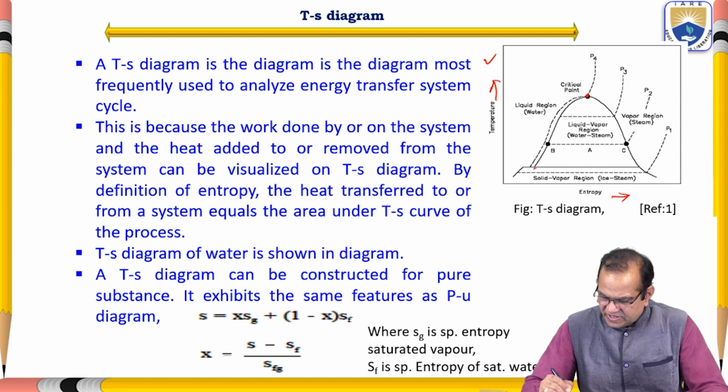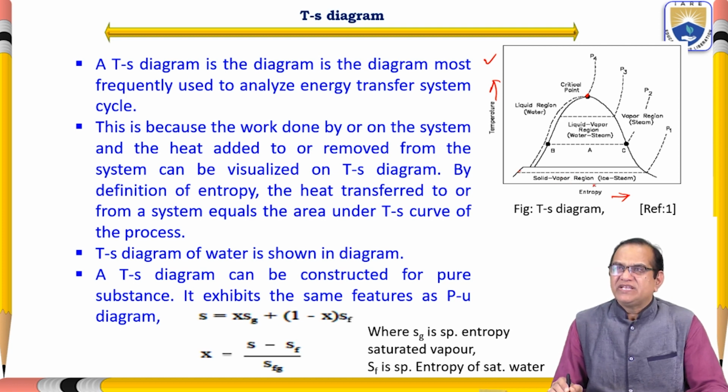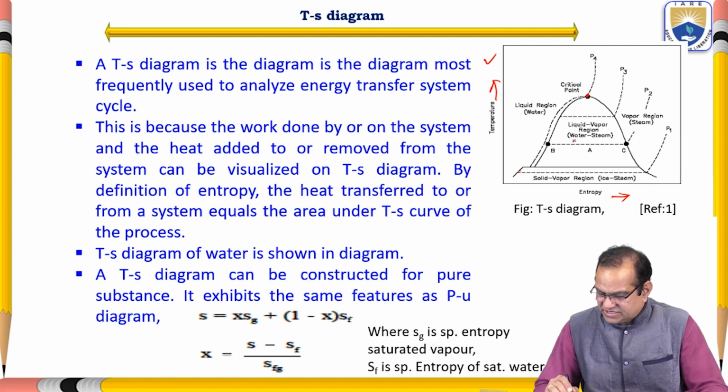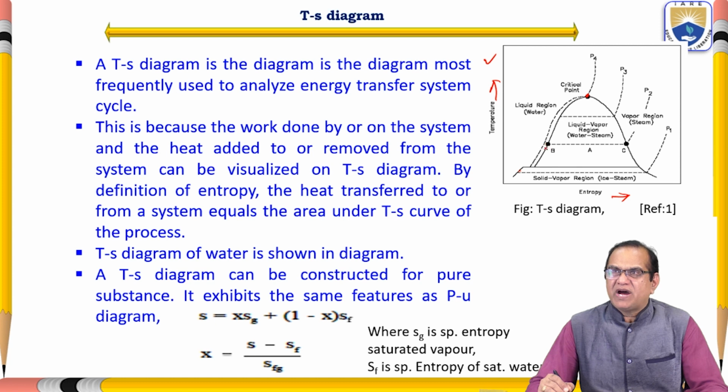So this is the pressure line P4, here is P2 and this is P1. It is a solid vapor region, that is ice and steam. This is the ice. This is the vapor region after this dome, and the liquid vapor region is the water and steam. In this part you will have water and steam inside this.